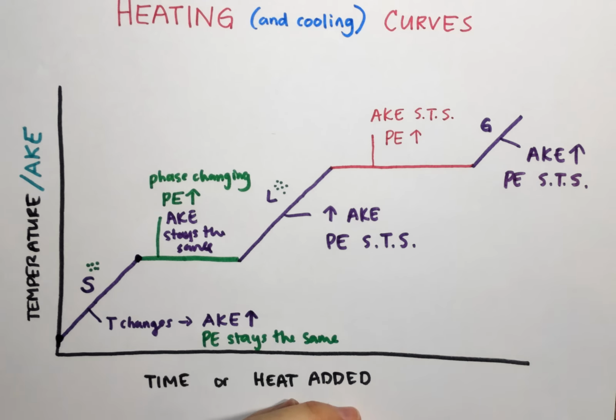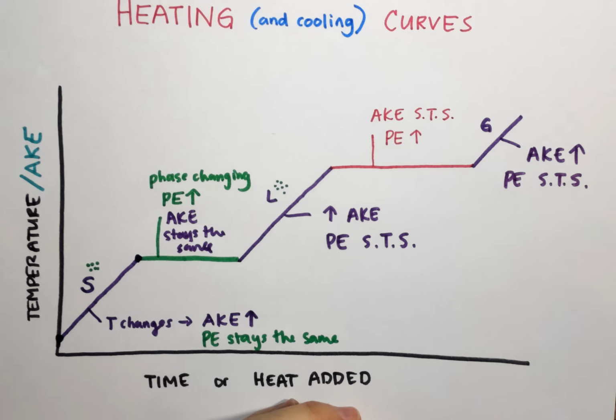All of these changes are going to be true whether we're looking at a heating curve where heat is being added over time, or if we flip things around on you. Let's say instead of adding heat, we're releasing it. Maybe I've got a gas, a sample of maybe oxygen or something. I start in the gas phase and I take heat out. We're doing exothermic changes instead of endothermic ones.